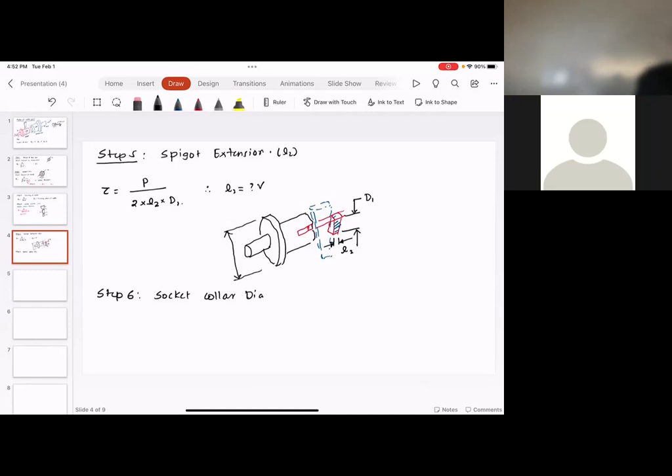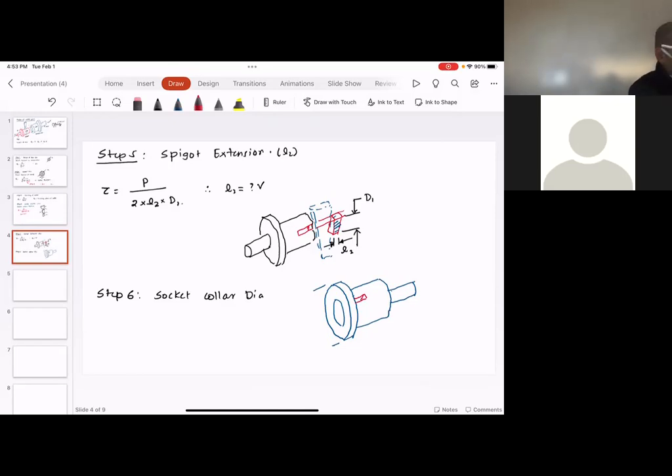This is the spigot. So this is the socket collar dia. And please understand that the quarter is going to be here.